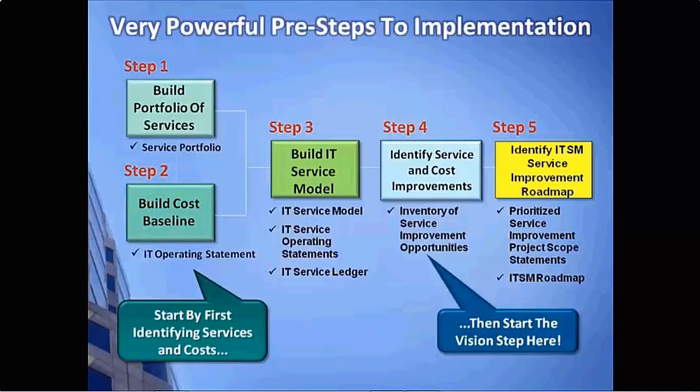What business activities cause that service to get consumed? In the case of email, it might be how many employees I have in my company. You need to understand those 3 elements, services, costs, and demand, or you're not really managing IT. The lack of understanding leads to a lot of issues that IT tends to fight with today. That is what these 5 steps on the slide are trying to show you and help you get to.